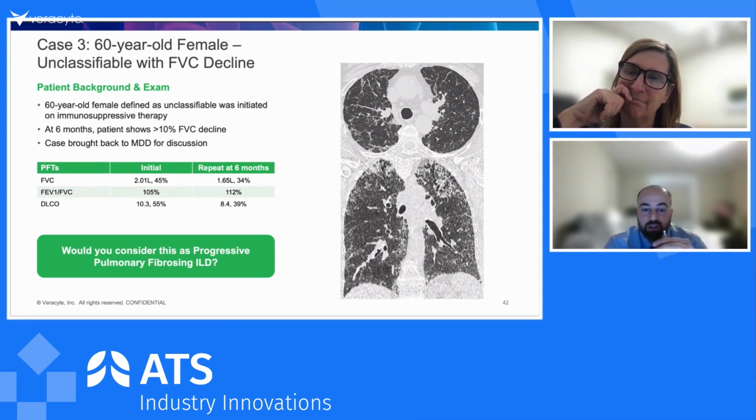But as Dr. Scholand said, the patient was on immunosuppressants, did not get benefit, and is declining. Now it's time to put the patient on antifibrotics. Yeah, I think the debate is whether you stop the immunosuppression, but I probably would.